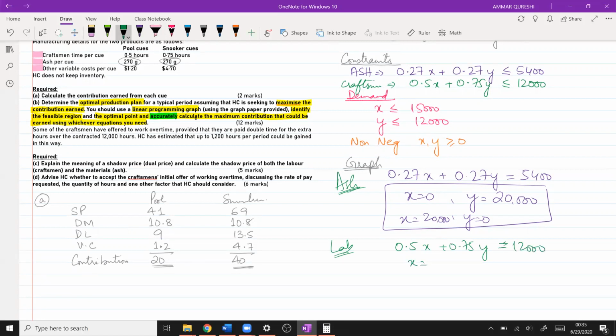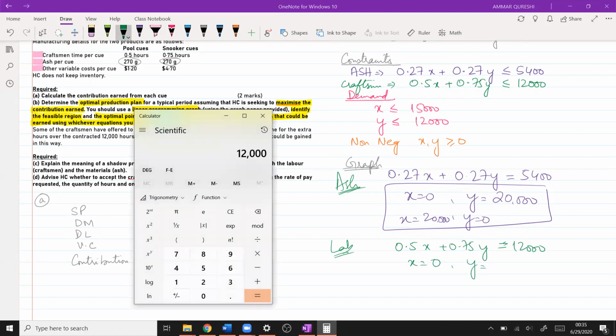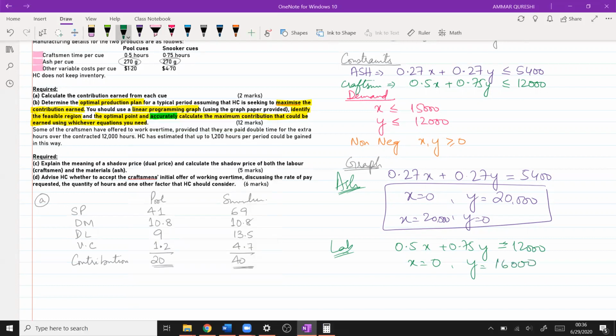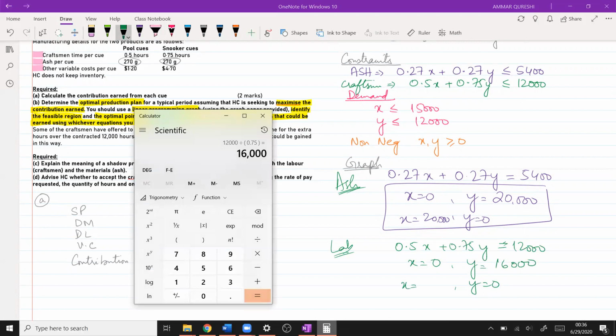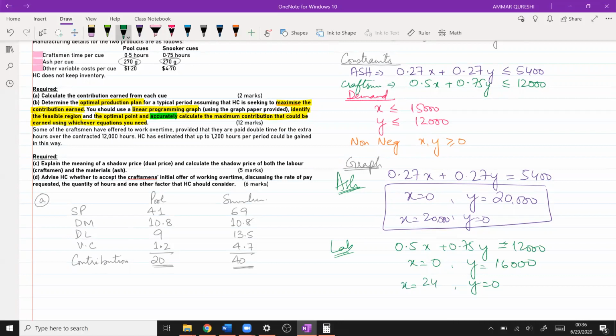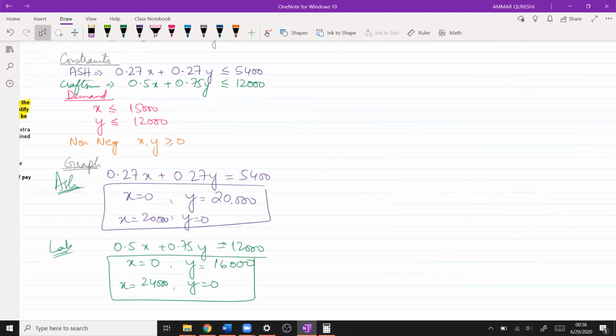So if you plug in x is equal to 0, y will be equal to 12,000 divided by 0.75, which is 16,000. And when y is equal to 0, x will be equal to 24,000, which is 12,000 divided by 0.5. And the demand function, we usually directly make that.